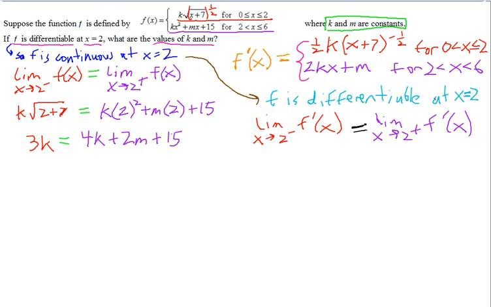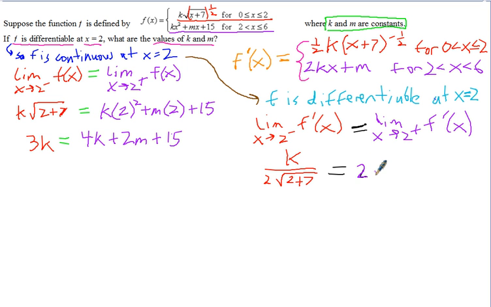So for 2 from the left, substitute 2 in the top piece. Notice the only thing left on the numerator would be k, over 2 to the 1/2, the other 2 on the denominator. And then this goes on the denominator because it's a negative 1/2, so it would be the square root of 2 plus 7, equals... For 2 from the right, you use this bottom piece.